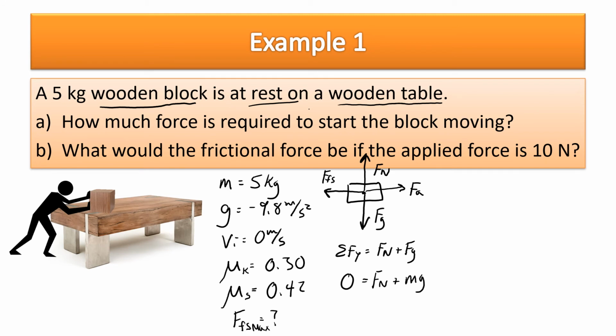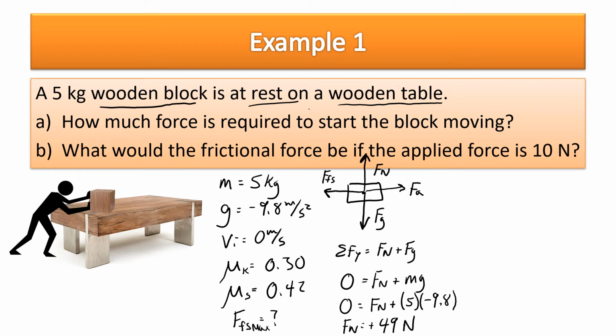The normal force is what we want, and Fg is equal to mg. You could do it like this. Sometimes I'll just write Fg equals mg on the side, but I'm kind of proving that Fn is equal to this. So Fn plus the mass times g, there's the negative 9.8 meters per second squared. So your normal force is equal to positive, because you add it to both sides, positive 49 newtons.